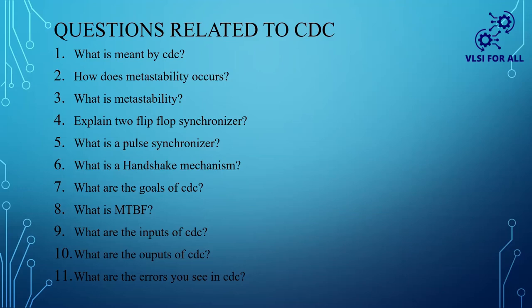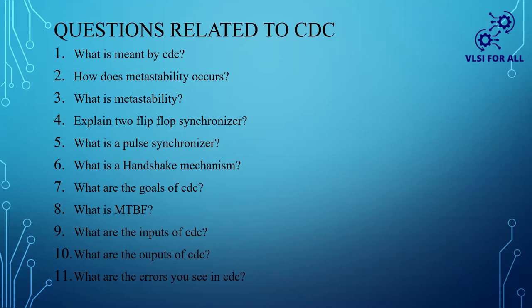Explain a two flop synchronizer. The two flop synchronizer is placed between a source and a destination. Whenever the input is sent from the source, the output is given to the flip flop and we get an output with a two clock pulse delay; we check that the output is stable for three clock pulses. What is a pulse synchronizer?